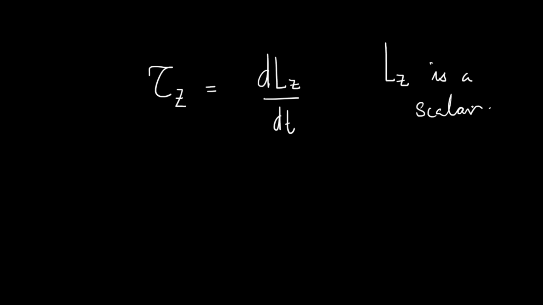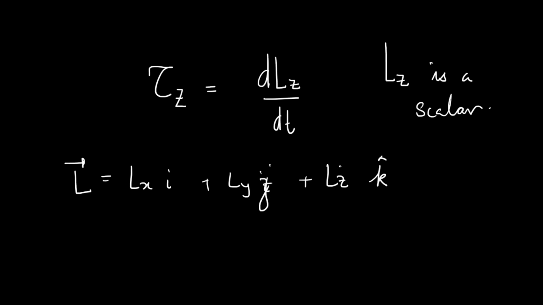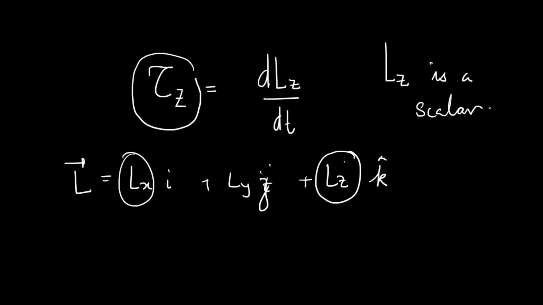Please note that angular momentum is a vector, equal to Lx i plus Ly j plus Lz k, and these components are scalars. We are interested only in Lz because we are interested in the effect of tau z. There is no other torque component.